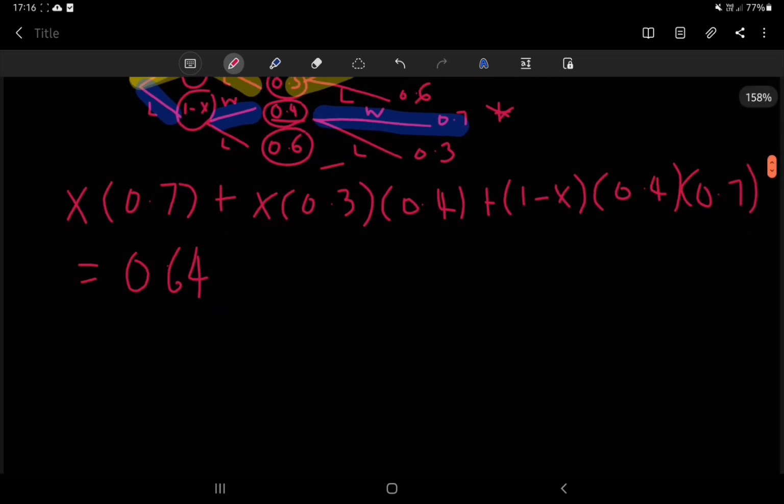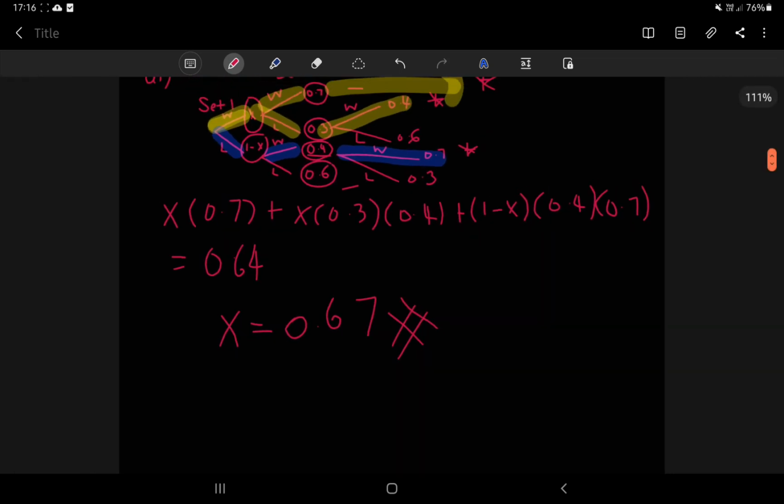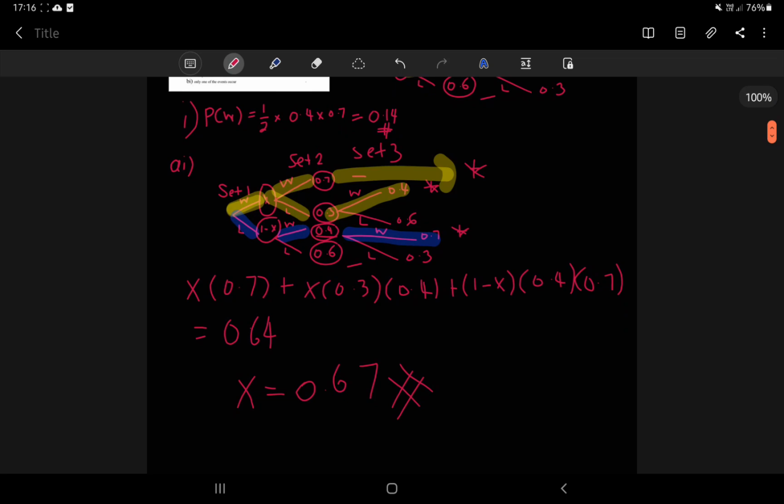Then you just solve for x. After you solve for x, you will get x equals 0.67, if I'm not mistaken. So x is the probability of winning the first set. Alright, so it's very easy, just solve for the value of x over there.